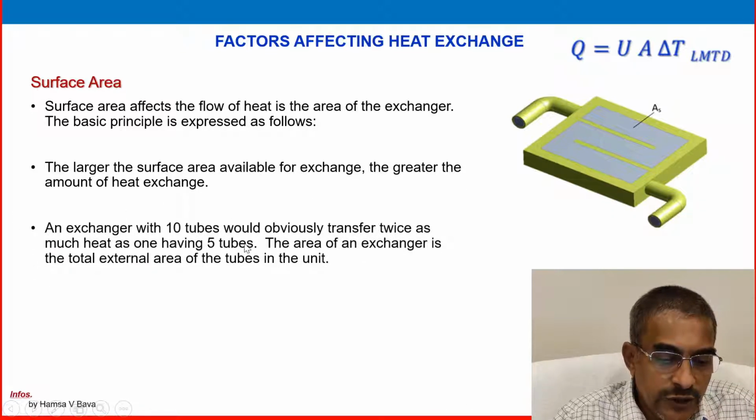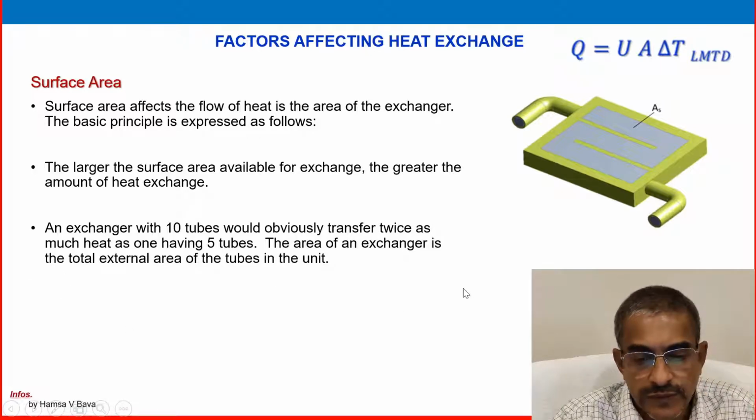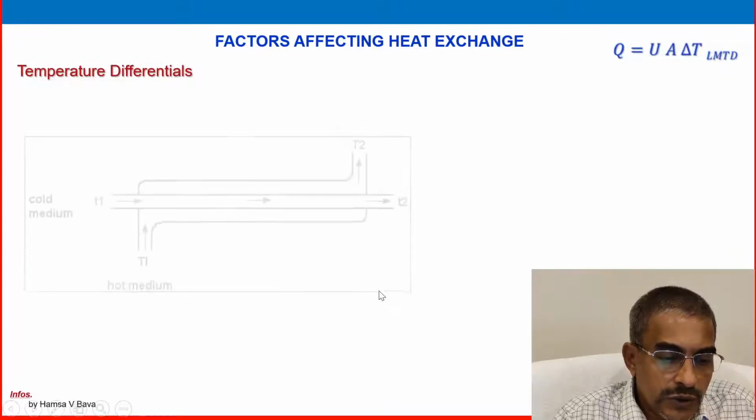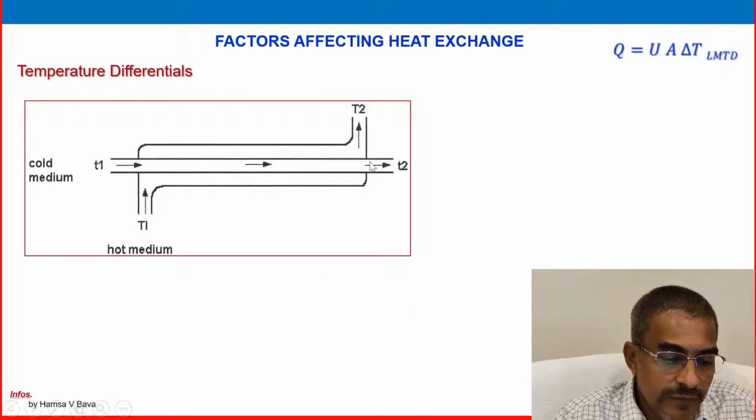An exchanger with 10 tubes would obviously transfer twice as much as one having 5 tubes. The area of the exchanger is the total external area of the tubes in the unit. So the heat exchanger area affects the total heat transfer rate. Temperature differentials are also very important.